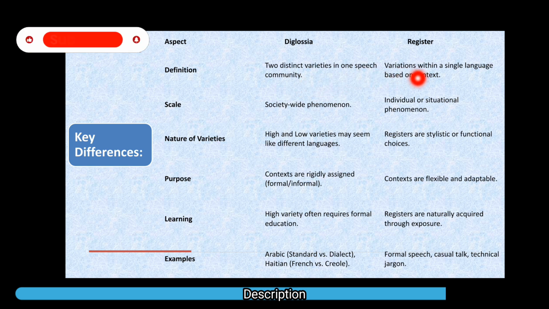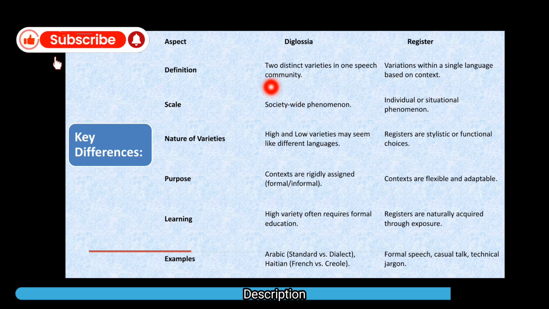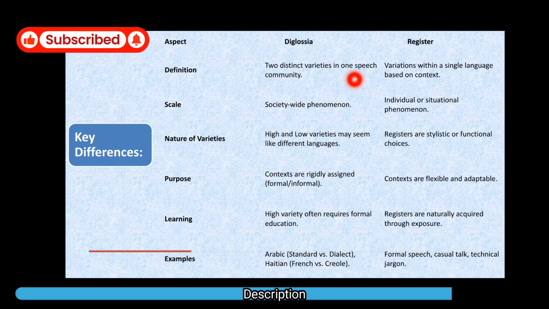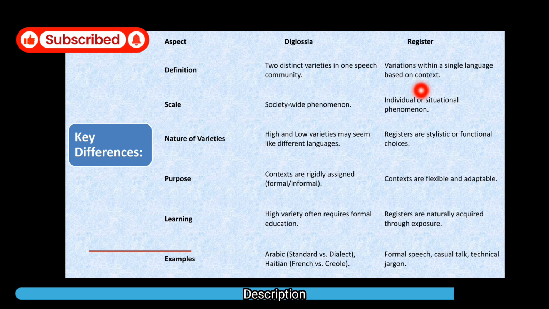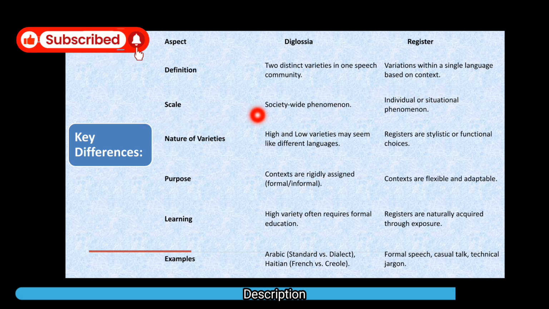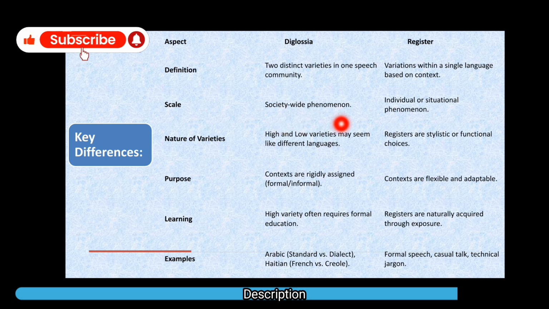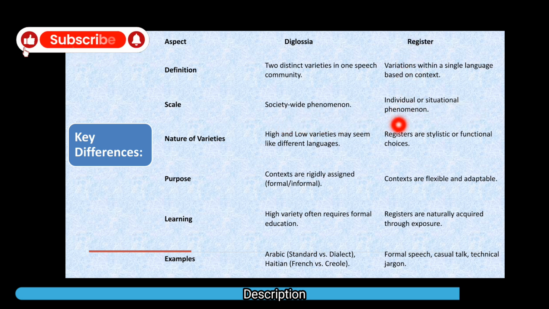Register is variation within a single language based on context, not like a societal phenomenon. So we see the two different varieties in one speech community, versus variation within a single language based on context. Scale: a society-wide phenomenon, which one? Diglossia. And an individual or situational phenomenon, register.